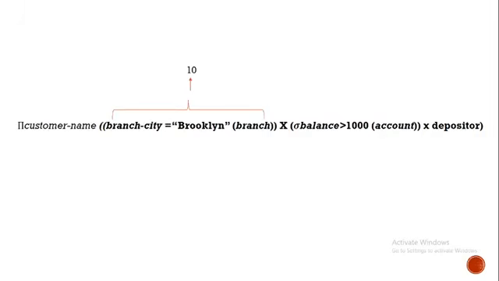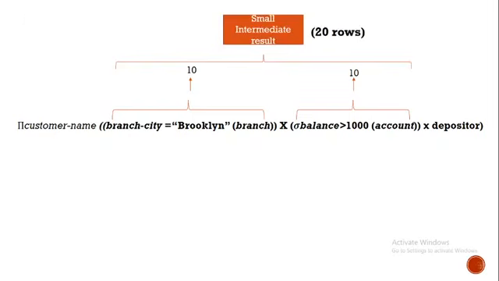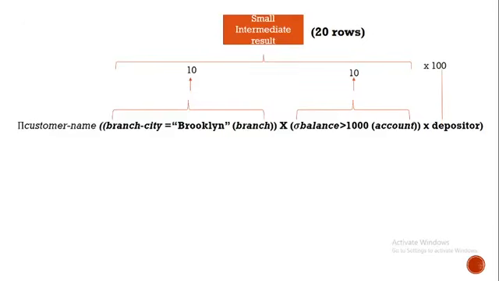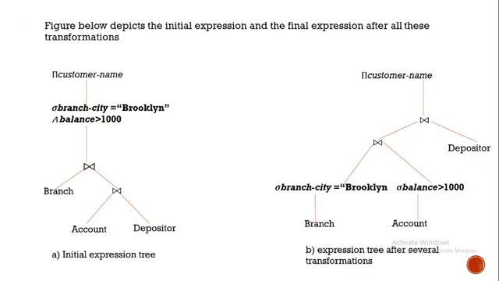Next, you can see that 10 rows are selected where the branch city is Brooklyn, and 10 rows are selected where balance is greater than 1000, and then these 20 rows will be joined with 100 rows of depositor. This is much more efficient than joining 100 rows of depositor with 100 rows of account and branch and then doing the selection operation.